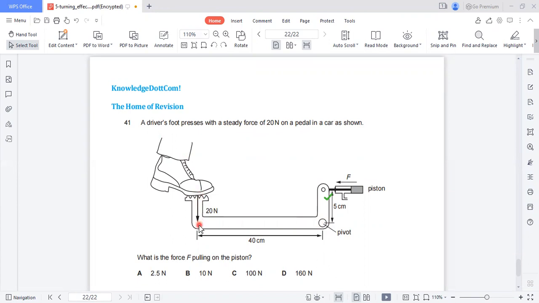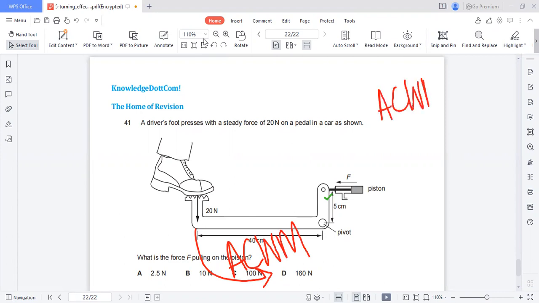It's a perpendicular force, so 20 times 80 gives us the moment, and when you apply it, it gives an anti-clockwise moment.